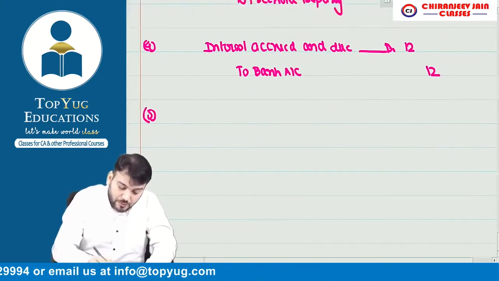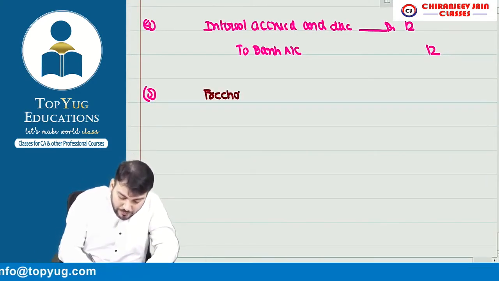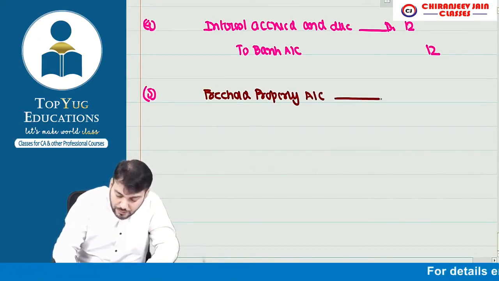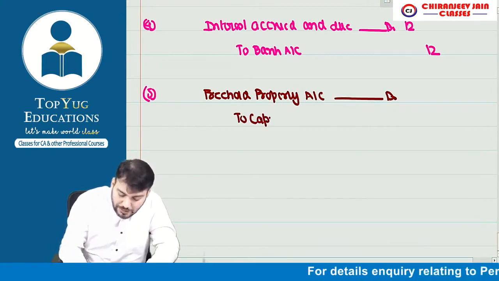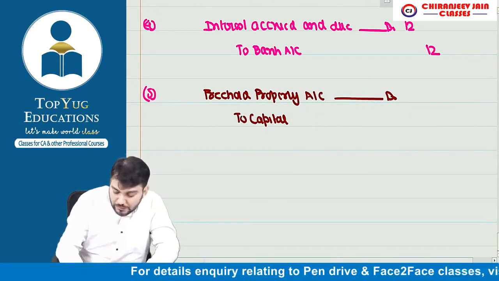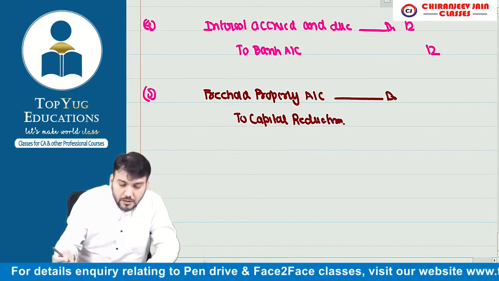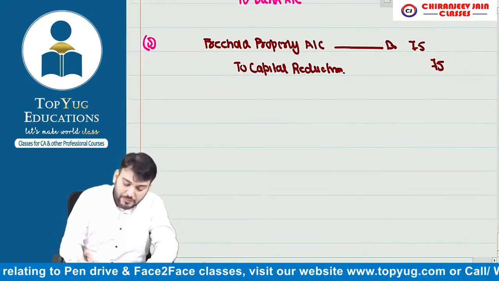Tell me. We will increase. So same freehold property account debit to capital reduction account. How much increase for the balance? It is 75 lakh.